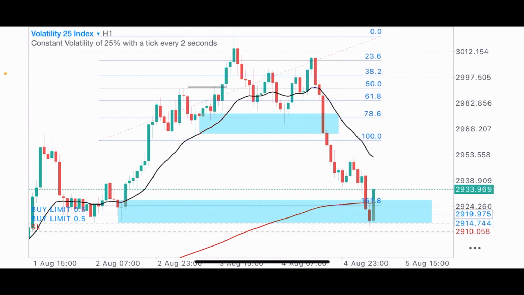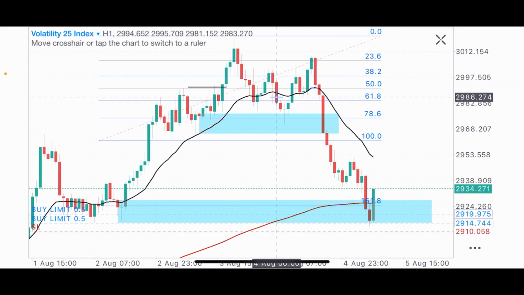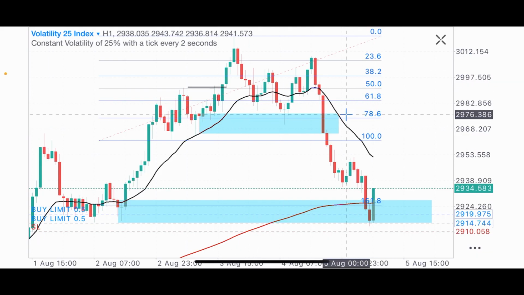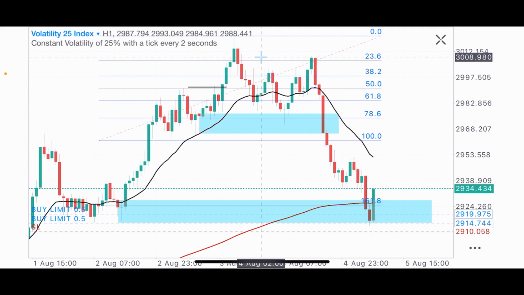I will only trade within level 61.8 and level 78.6. This is the zone signaling that when price comes here, if we want a reversal, it should reverse from here, and our zone lies between the 61.8 and 78.6.